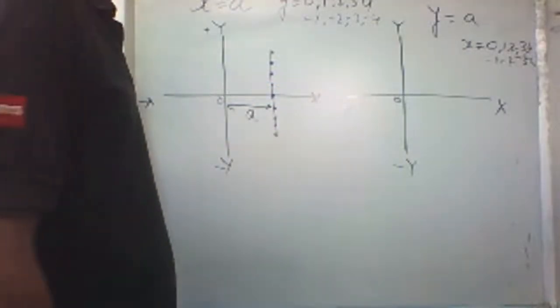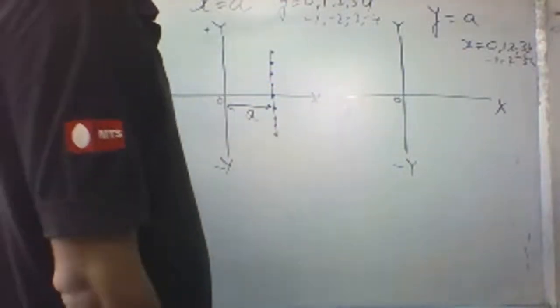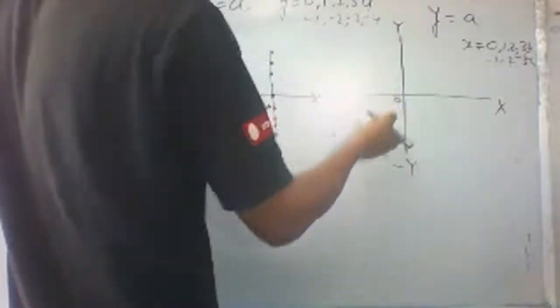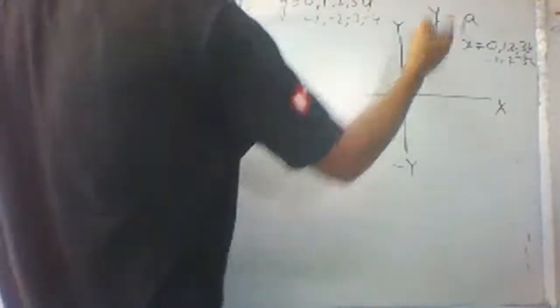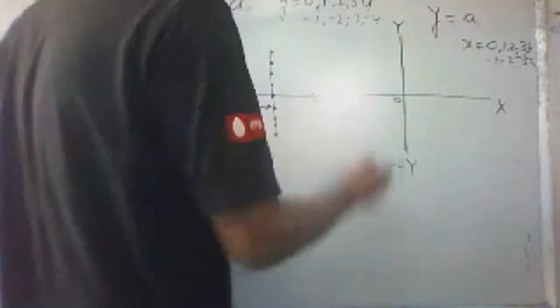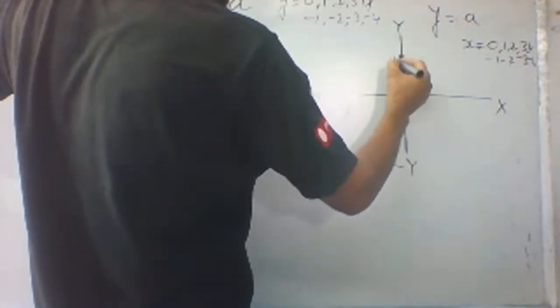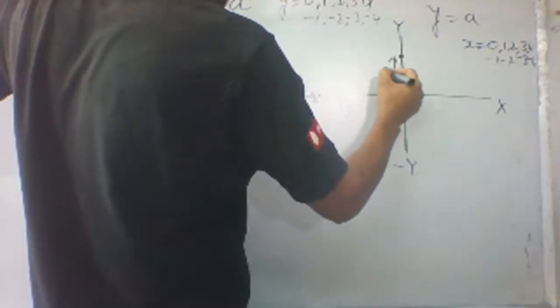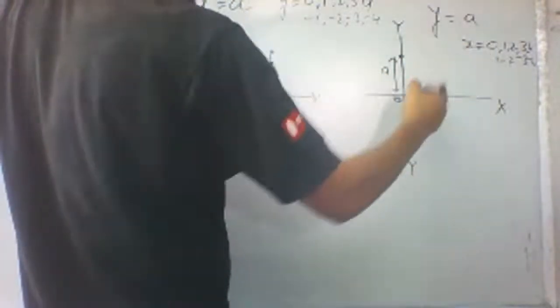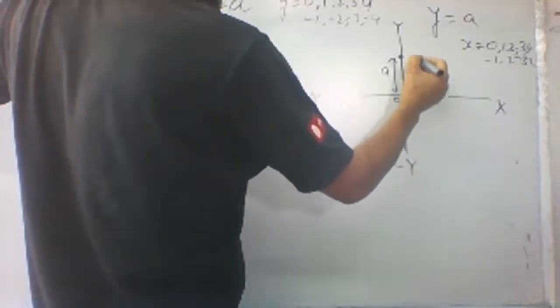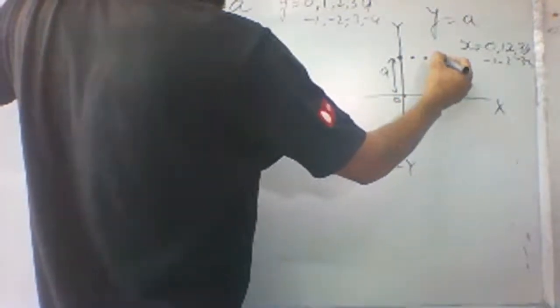Any value of x can be seen, and y is fixed, so somewhere on the positive y-axis, y is equal to a. Now the value of x is 0 here, and x is 1, 2, 3, 4 when y is equal to a.